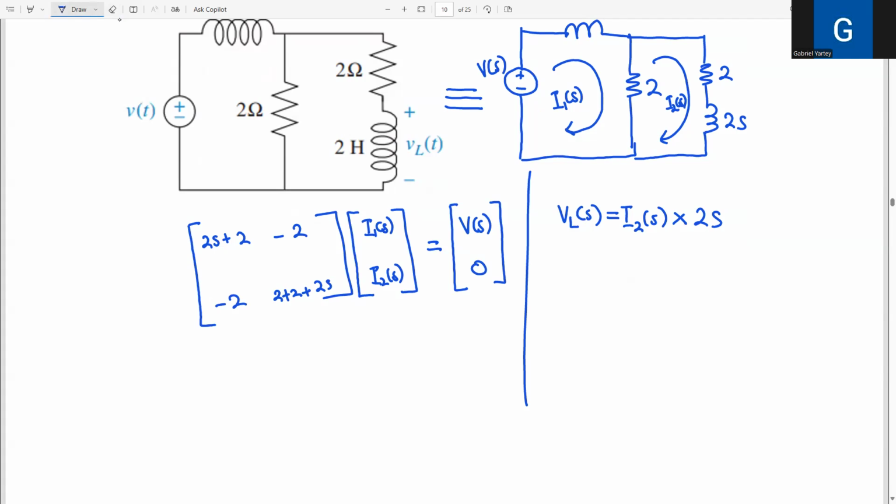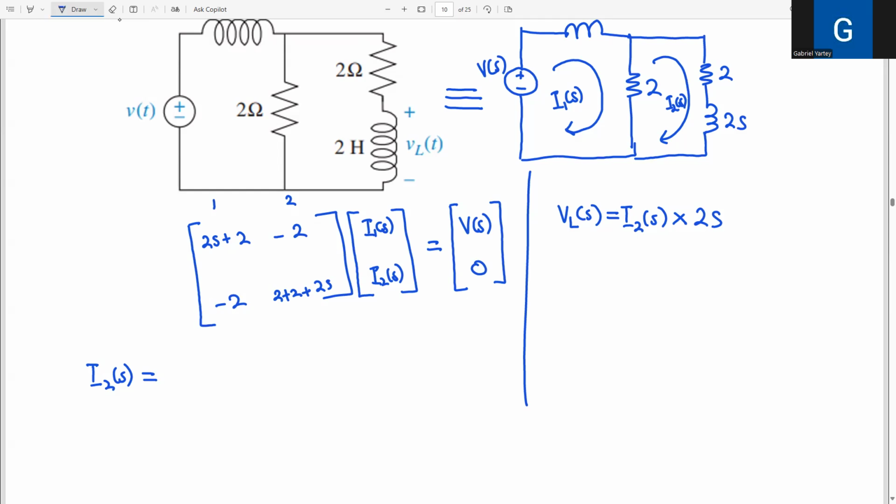So in this case, you are trying to find I2 of S. You take this, so this is, let's say, column 1 and then column 2. If you want to find I2 of S, you take this and you put it here in the column here. Likewise, if you want to find I1 of S, you take this one and you place it here.